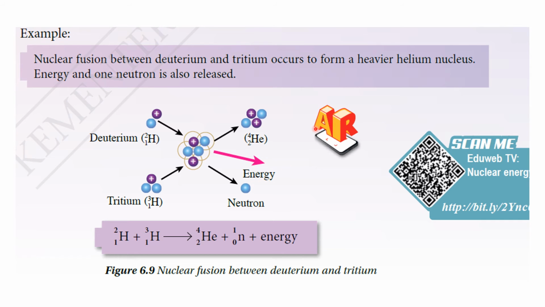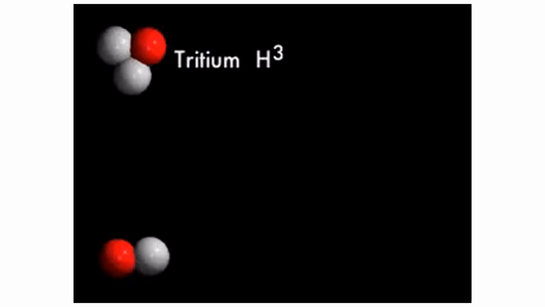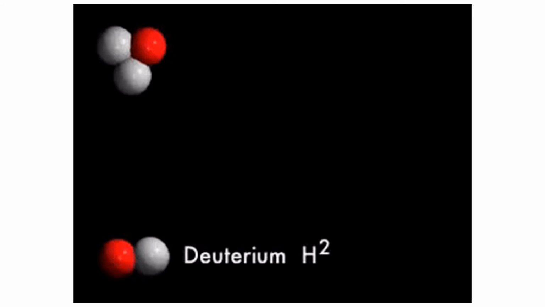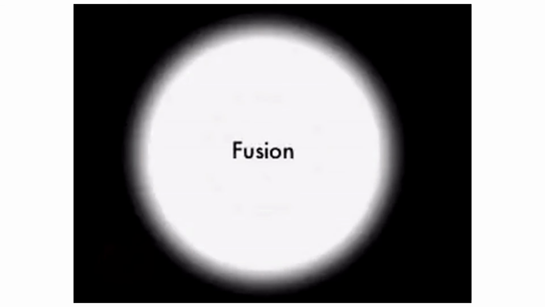So it produces a heavier helium nucleus, energy, and a neutron. This is the situation that occurs for nuclear fusion between deuterium and tritium. This is to help you visualize it better.